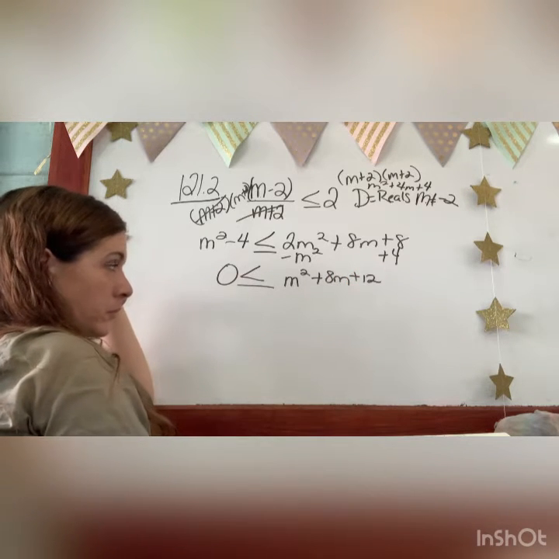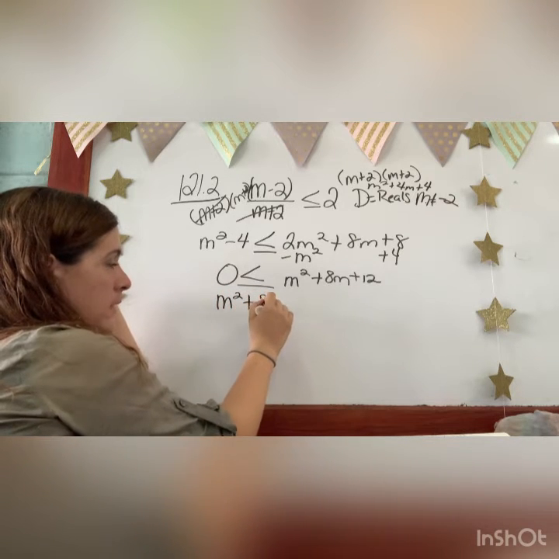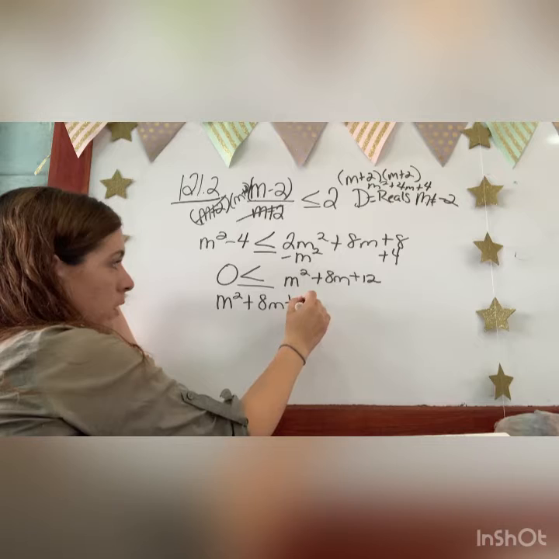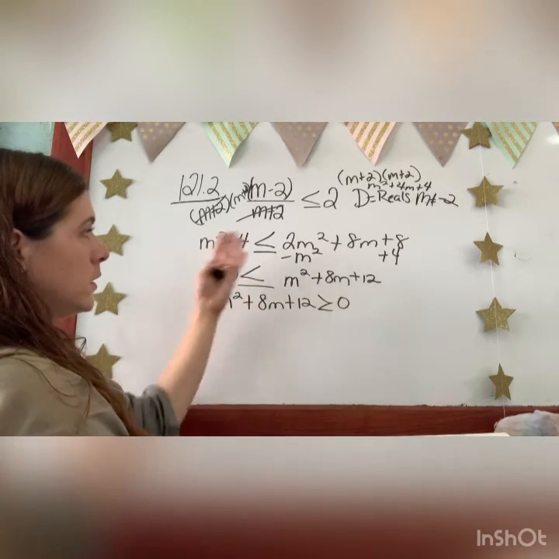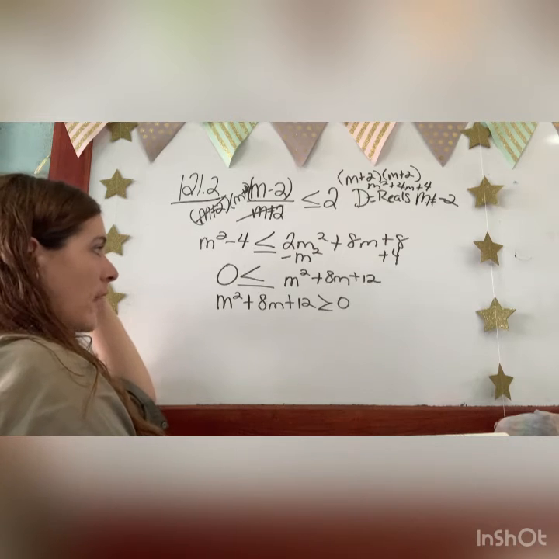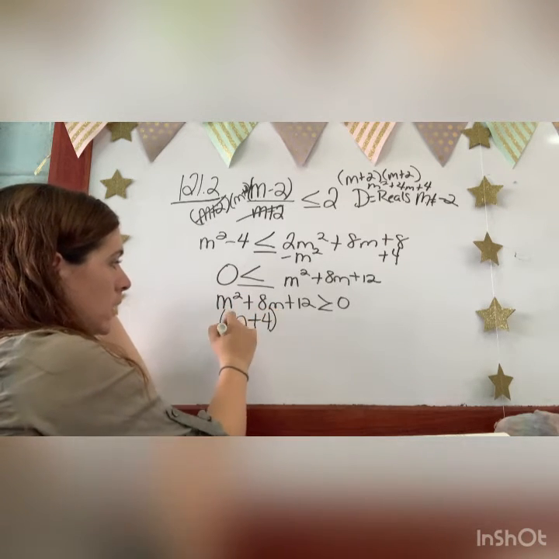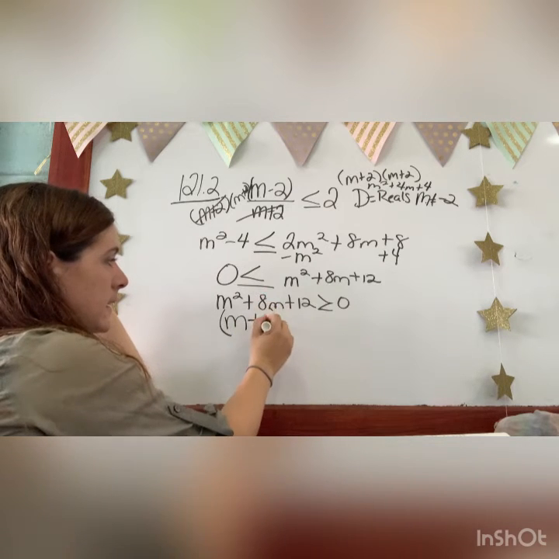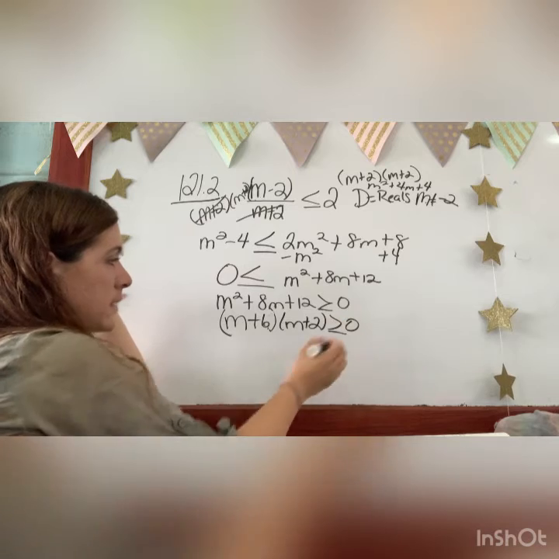Right? We can write this again the way that they did in the book, which is just moving this over here. 0. There we go. Just putting everything on the other side. Okay. This is m plus 4. No. M plus 6 and m plus 2 is going to be greater than or equal to 0.